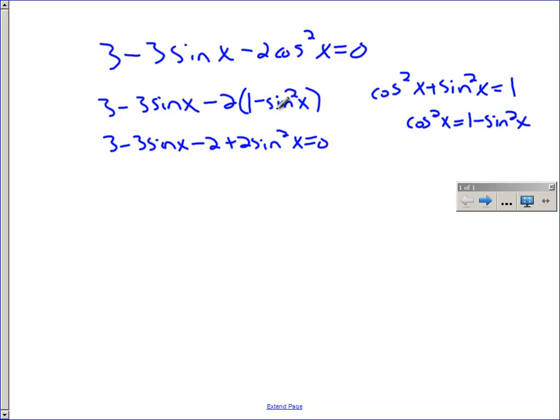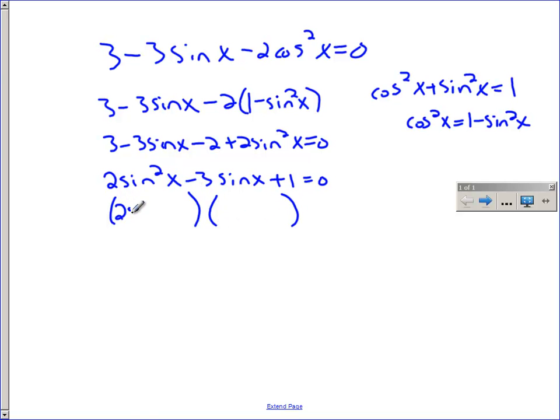Notice I distributed that negative, which made that sine squared positive. If I write this as a regular quadratic, I'm going to have 2 sine squared x minus 3 sine x, and 3 minus 2 is just a positive 1, equals 0. So let's see what this factors into.